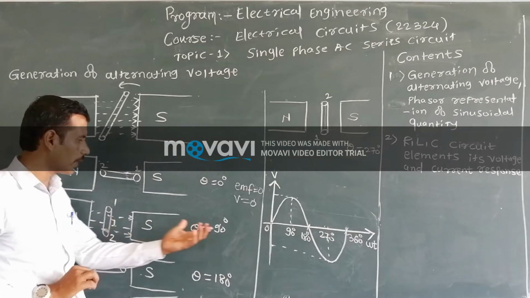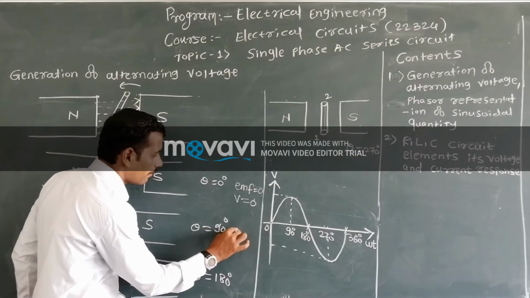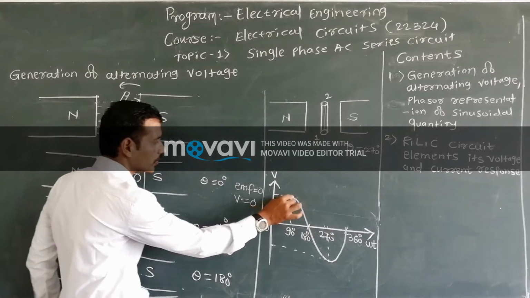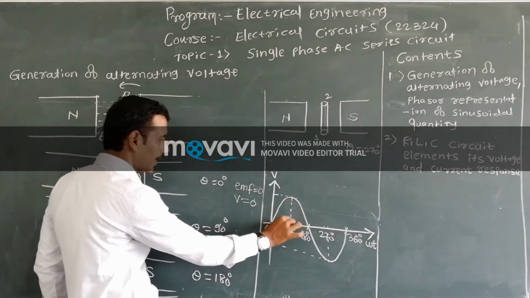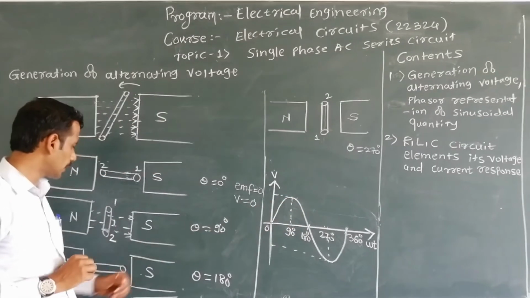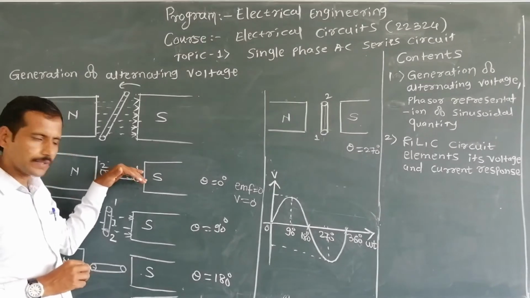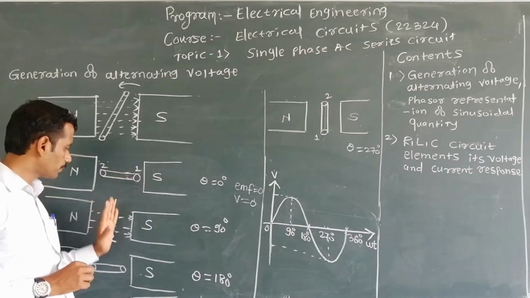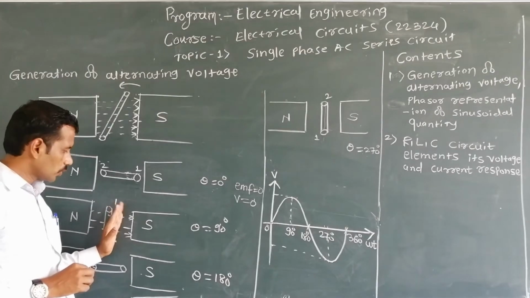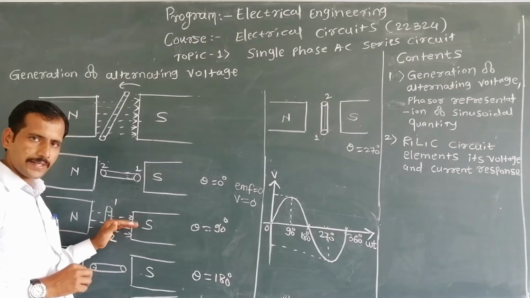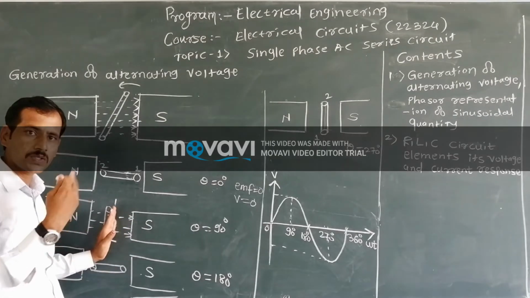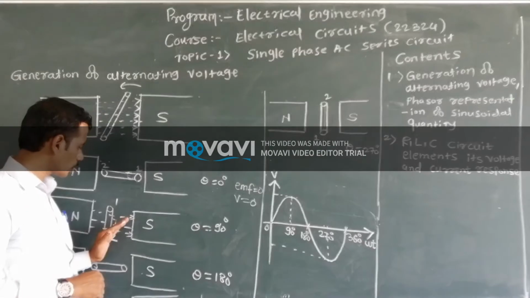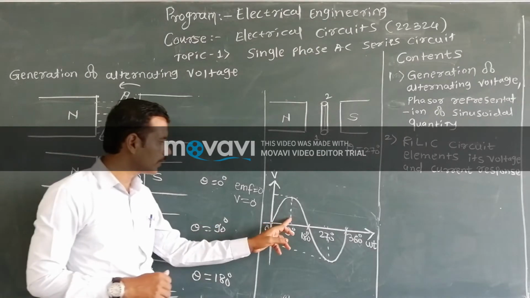Therefore, maximum EMF will be induced. We have rotated the conductor 90 degree, so maximum flux cutting will be there, and maximum EMF will be induced.